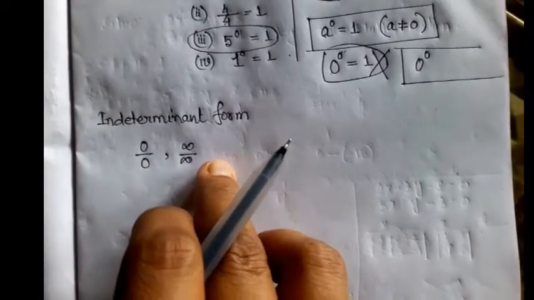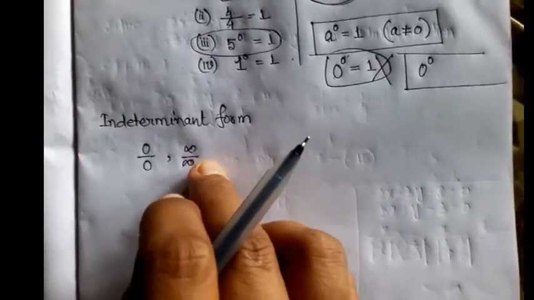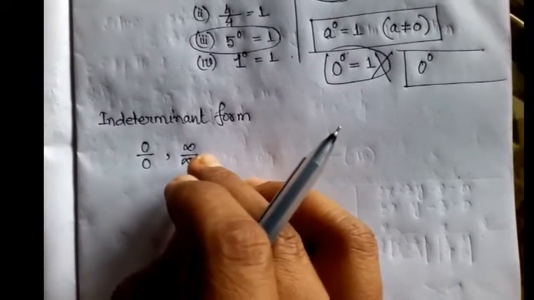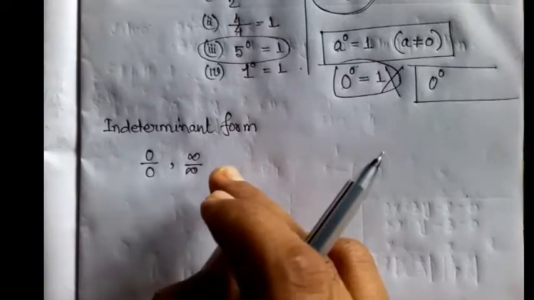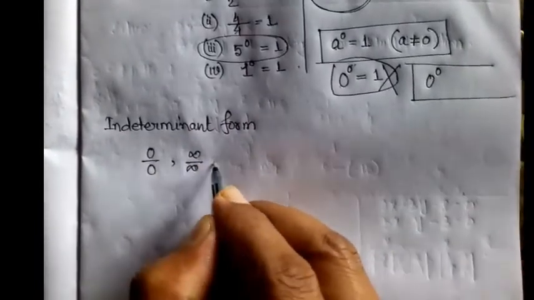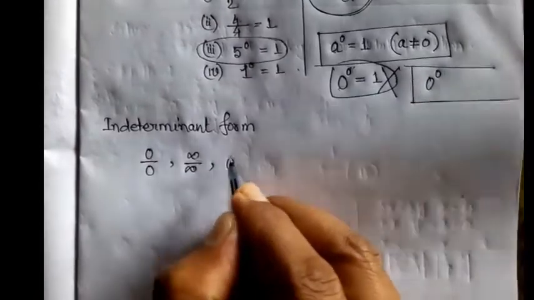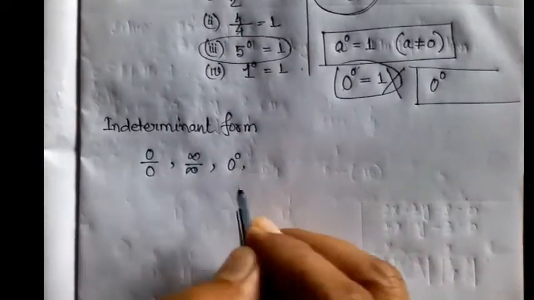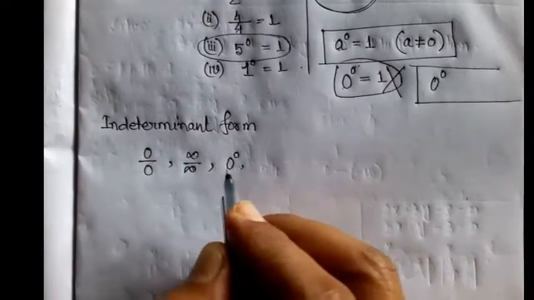So infinity is not a number, so most operations we can do cannot be done when infinity is there. So 0/0, infinity/infinity, and another form is 0 to the power 0. So these three are indeterminate forms.